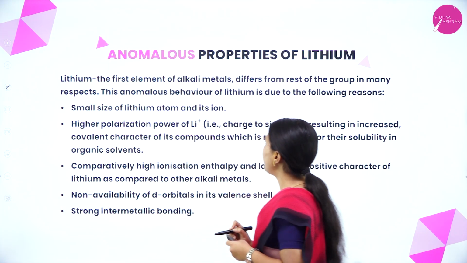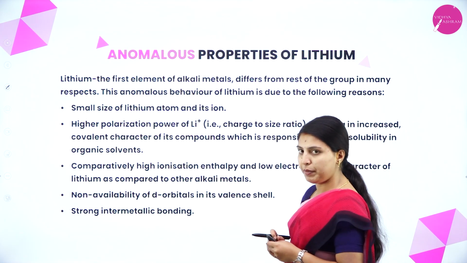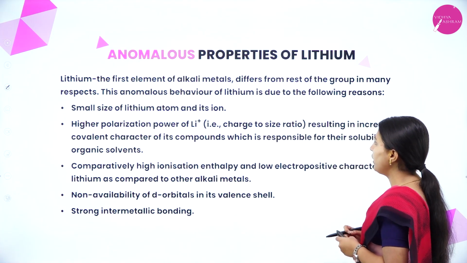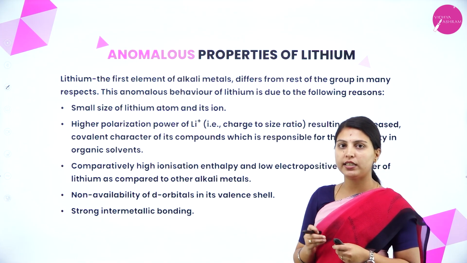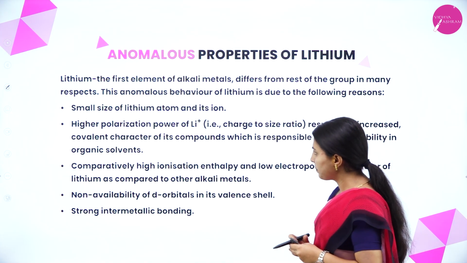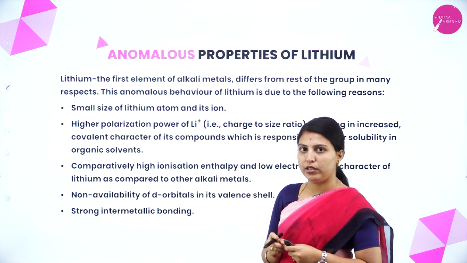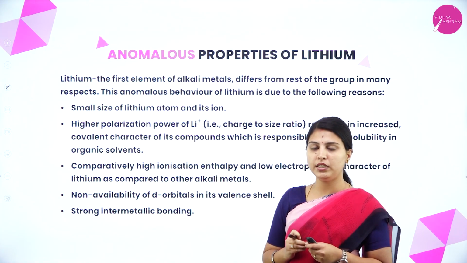Lithium, the first element of the alkali metals, differs from the rest of the group in many respects. This anomalous behavior of lithium is due to the following reasons. Why does it have anomalous properties? What are the reasons behind this? Small size of lithium atom and its ion. Lithium has a very small size because it's the first element.